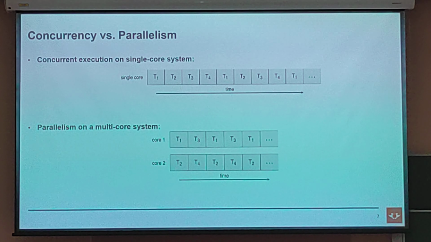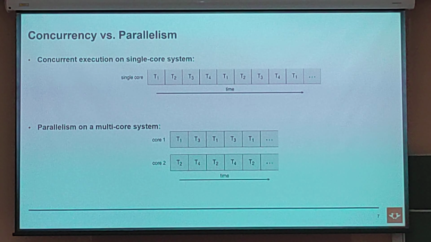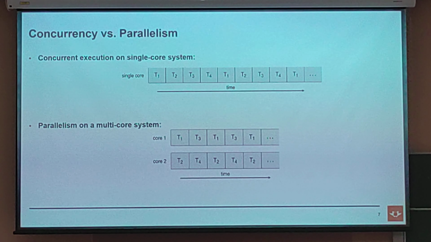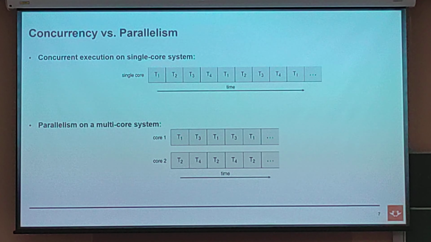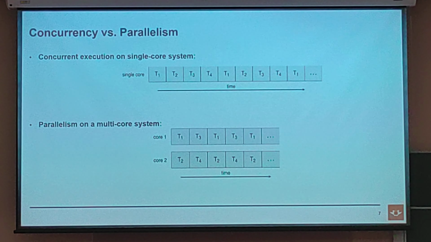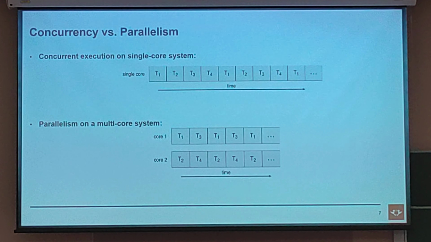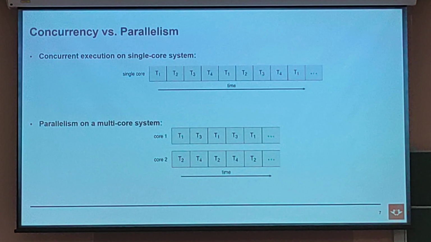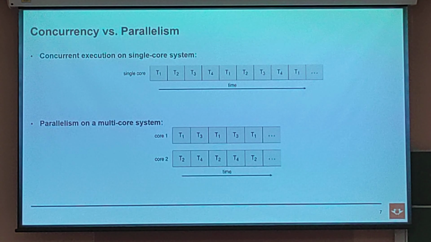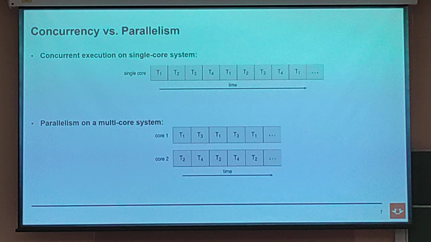With parallelism, if we use that term in this textbook, we say that we can run multiple threads at exactly the same time. How is that possible? Because we've potentially got different CPU cores or multiple CPUs in the system. So those are the differences between concurrency and parallelism.